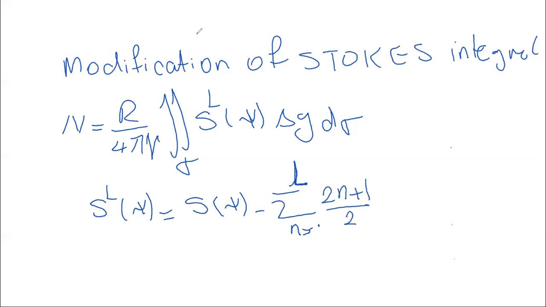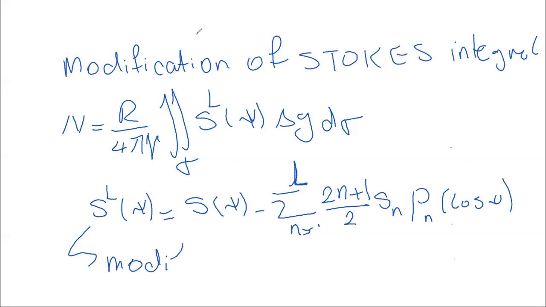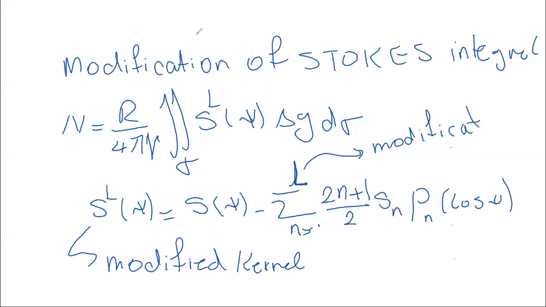The other kernel is the sum of 2n plus 1 over 2, S_n, P_n of cosine psi. This is the modified kernel, and this is the modification degree.